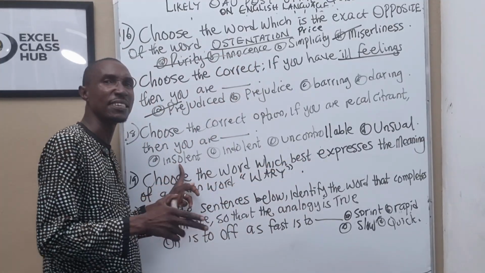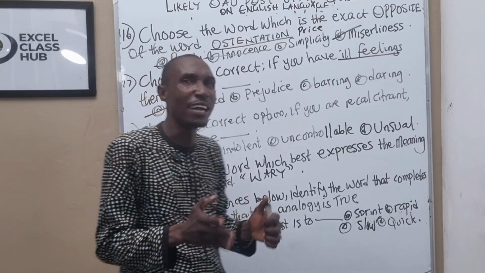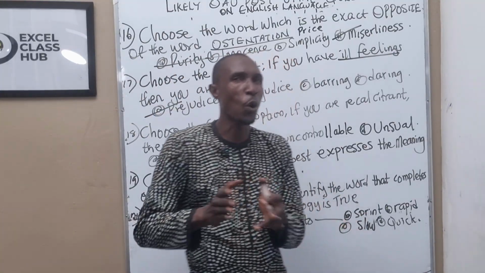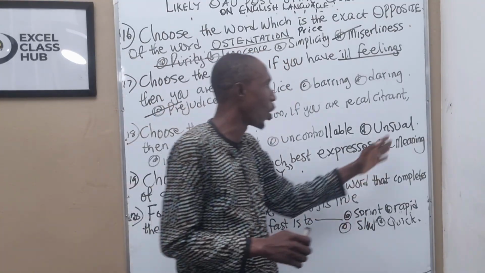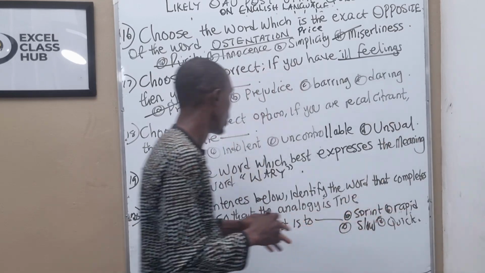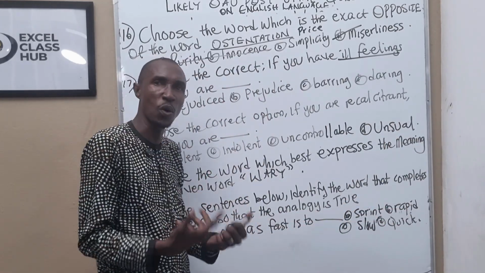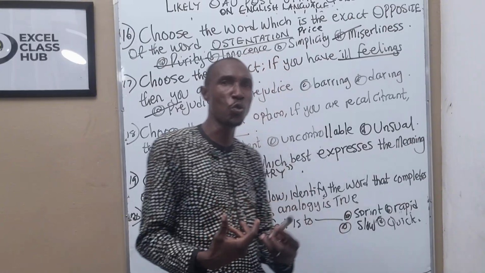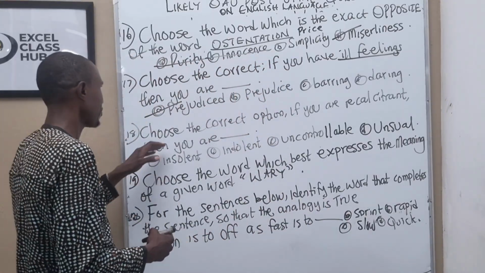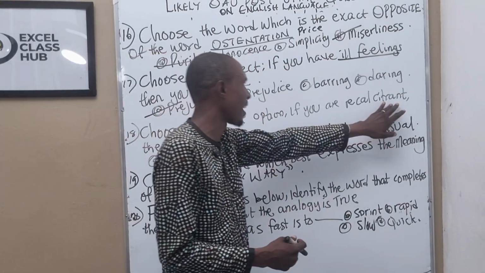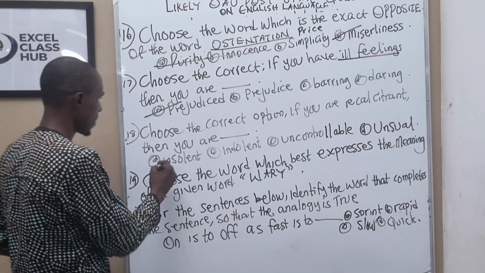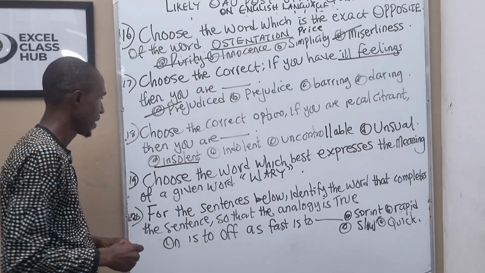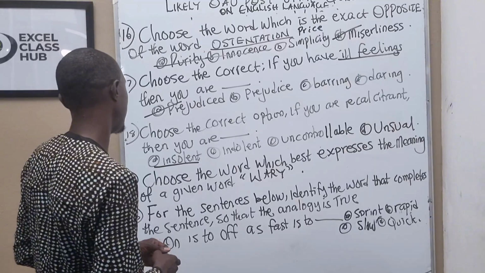But insolent here means someone that doesn't listen to authority. The word unusual is different. The word indolent, when someone is lazy, when someone has the ability not to do anything. So the word recalcitrant goes with what? Insolent. Then we go to question 19.